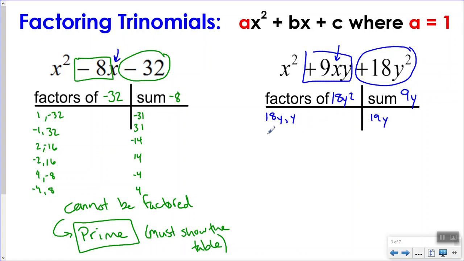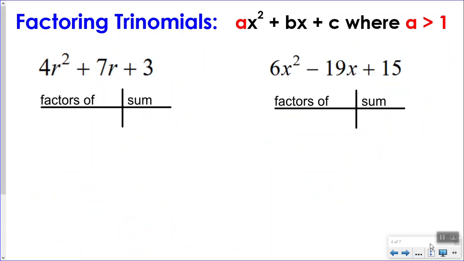That gives me 19y. We could have 9y times 2y. That'll give me 11y. We could have 6y and 3y. And we add that, and that will give me the 9y. So my two factors are going to be x plus 6y and x plus 3y. So whatever's attached to the x is what we're looking for as our sum.